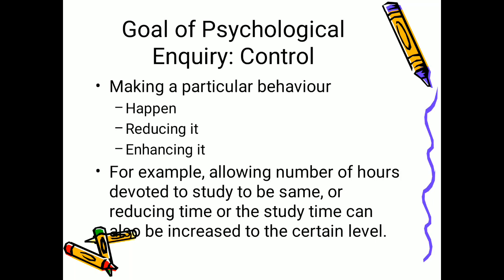Therefore, I'll reduce my time to some extent, I should not take so much tension for my revision, because I know I have done the revision 2 or 3 times. Therefore I should relax for some time now. So you are controlling your behavior in such a manner that it either somewhere reduces or somewhere is increased to a certain level.